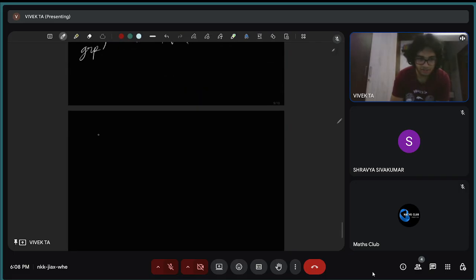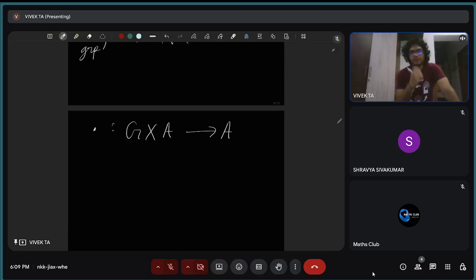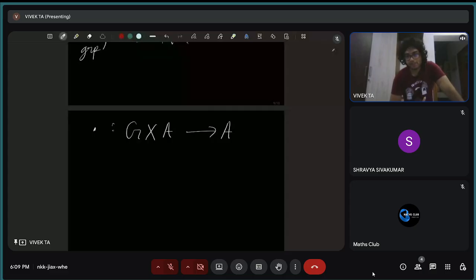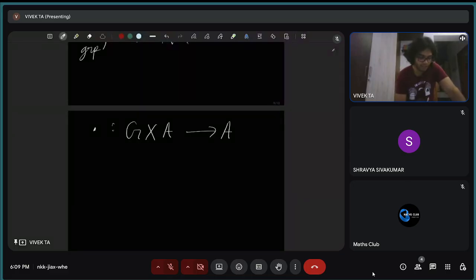The action, let's say a pairing dot, from G cross A to A. So essentially, we want to somehow think of elements of G as functions. Remember, in the first session, we wanted to think of all the functions on the triangle.